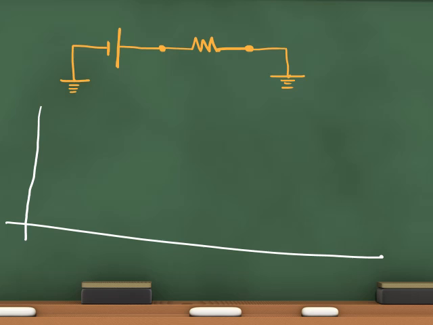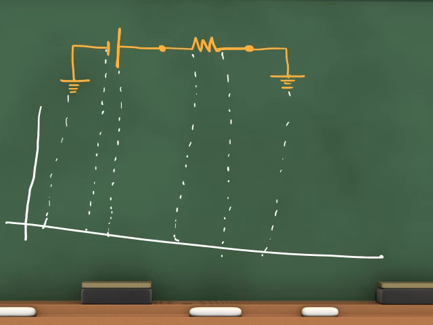See, up to this point, these are the differentiating points here. Observe clearly how I am drawing the voltage graph for this typical circuit, and these are the ground levels.